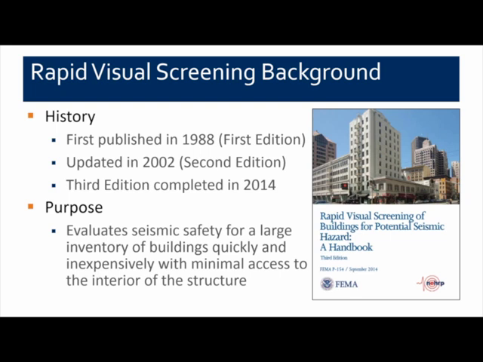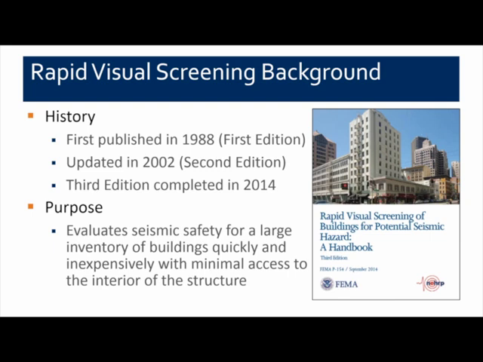So first, if we want to look at the simplest type of evaluation methodology, it's called the rapid visual screening. This was first introduced in about 1988. It's been updated a couple of times. The most recent edition, which was just published 2 months ago in September of 2014.